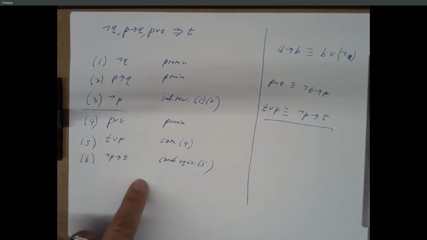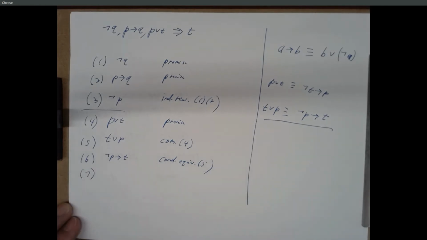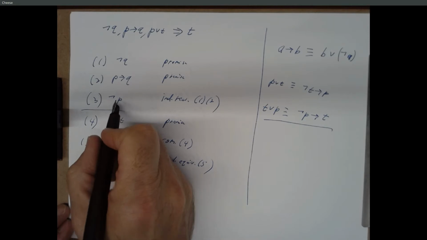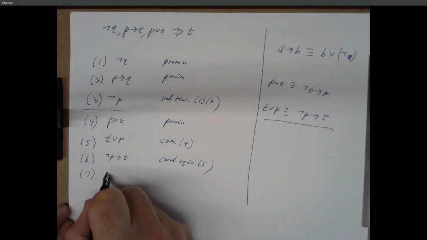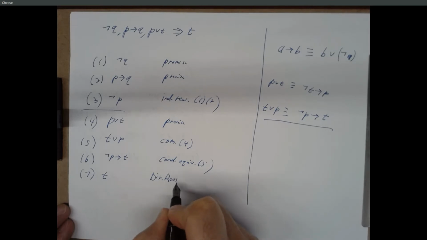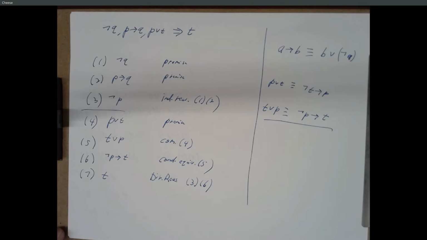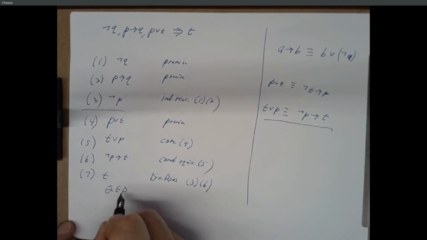So either T or P. And that's a really nice setup for direct reasoning. Not P and not P implies T. That gets us T. Detachment or direct reasoning, 3 and 6. And we're done.